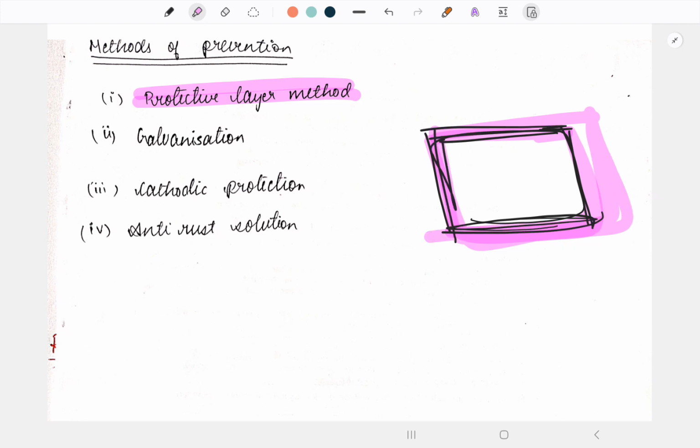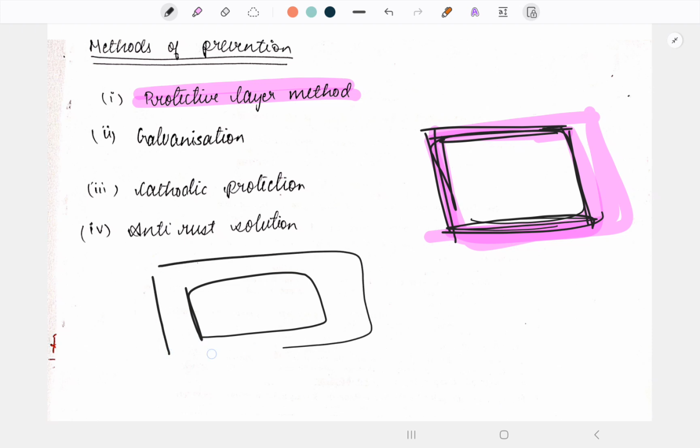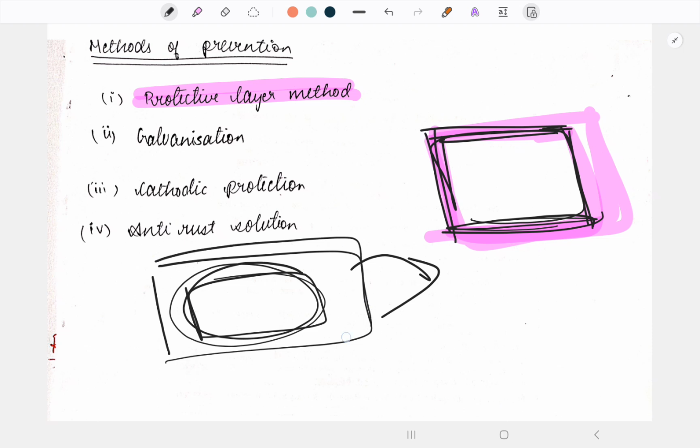The next is the sacrificial protection. So in this method, the coating of a more reactive metal on the less reactive metal is done. So the more reactive metal will lose its electrons or oxidize and protect the less reactive metal which is inside, thereby sacrificing itself to protect the inner metal.